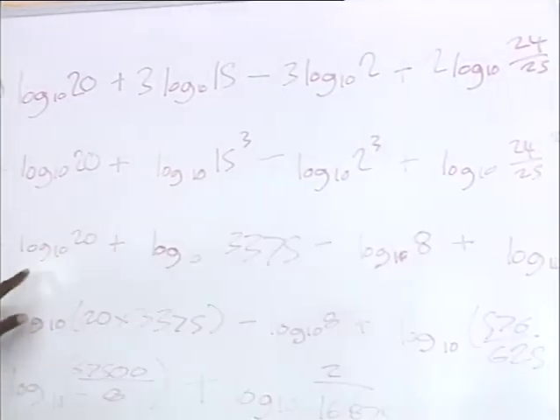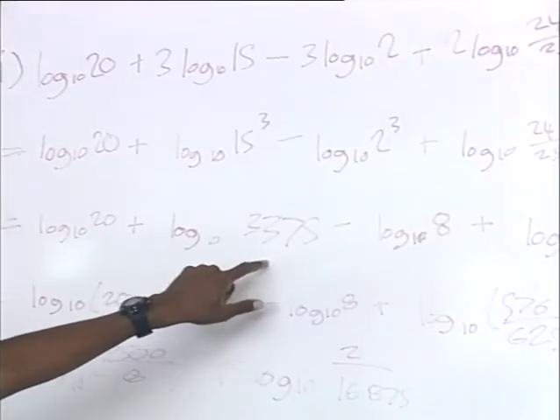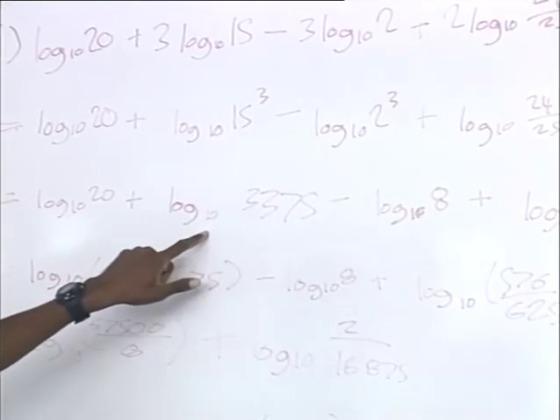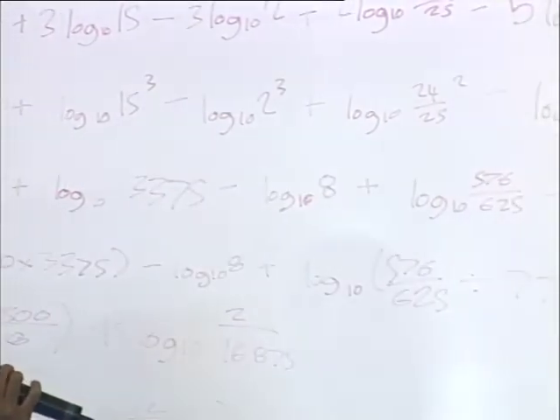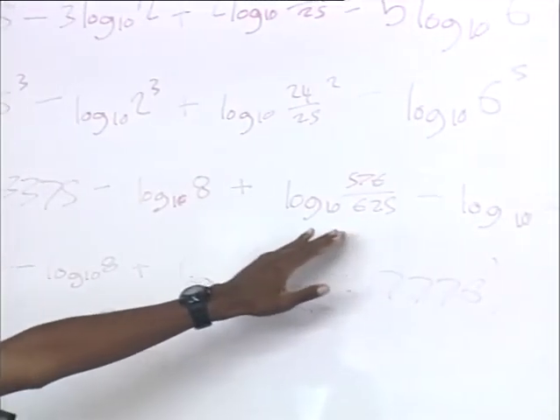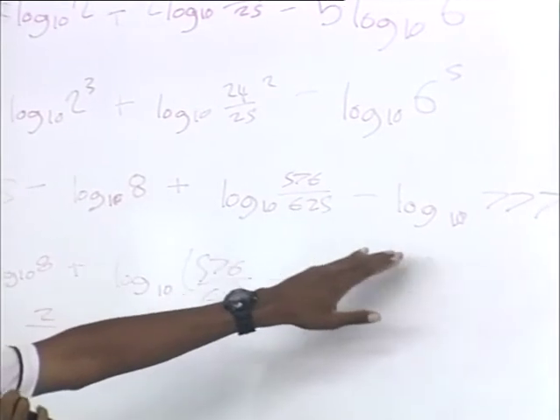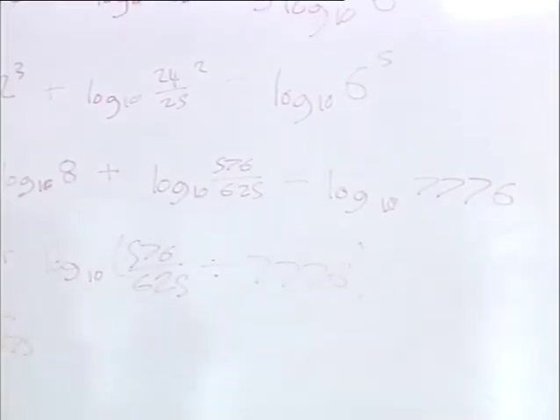So I got log 20 to the base 10 plus log 3,375 to the base 10 minus log 8 to the base 10 plus log 576 over 625 to the base 10 minus log 7,776 to the base 10.